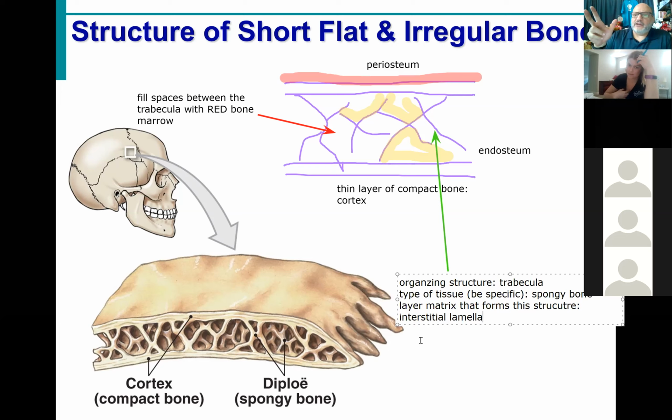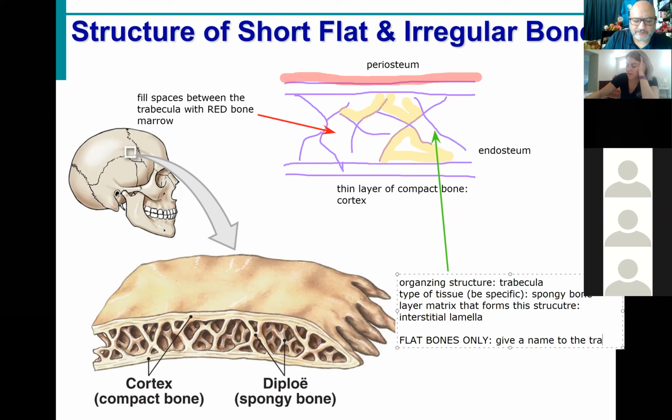However, for some reason, and don't ask me what that reason is, it's primarily just because anatomists hate you, in flat bones, and flat bones only, they give a name to the trabecula based on their location.